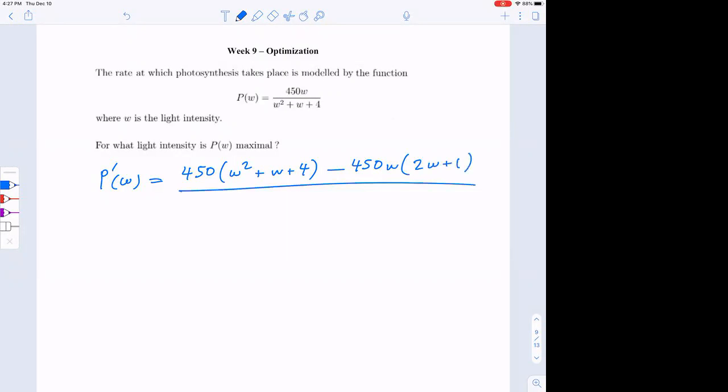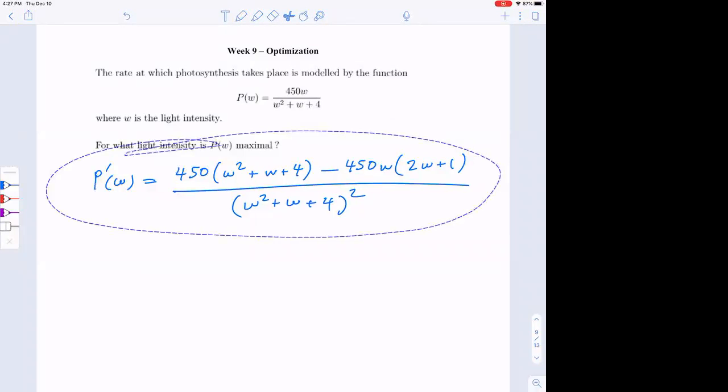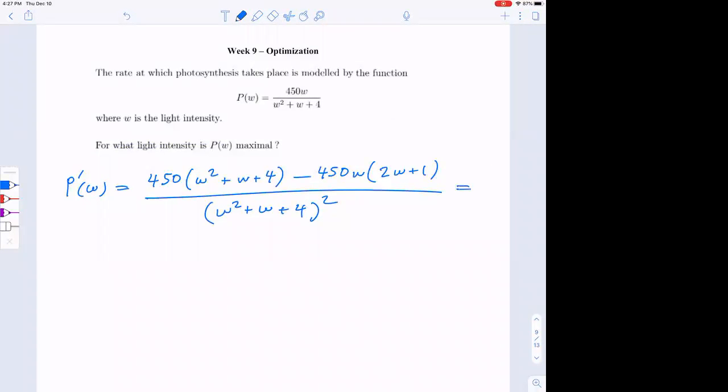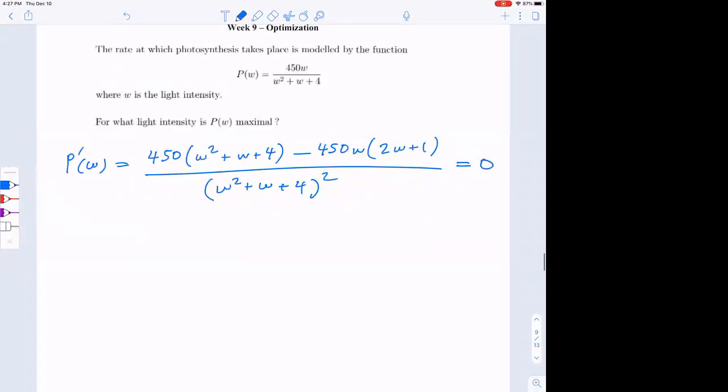And this is all being divided by (W squared plus W plus 4) all squared. And what we want to do with this derivative is set it equal to 0. We want to discover any possible points where we could have that local max.